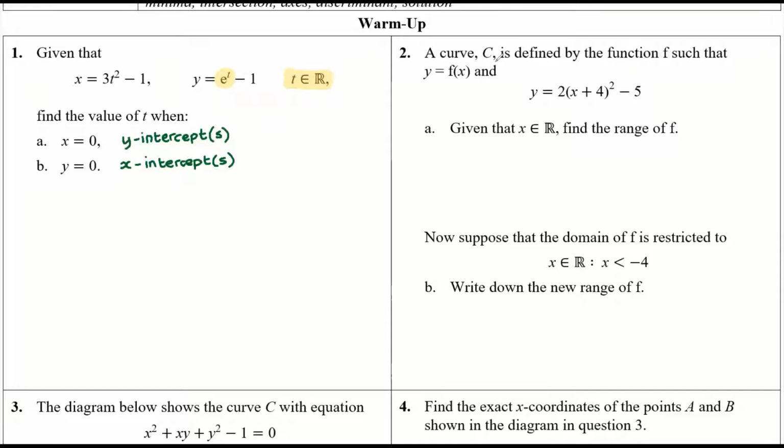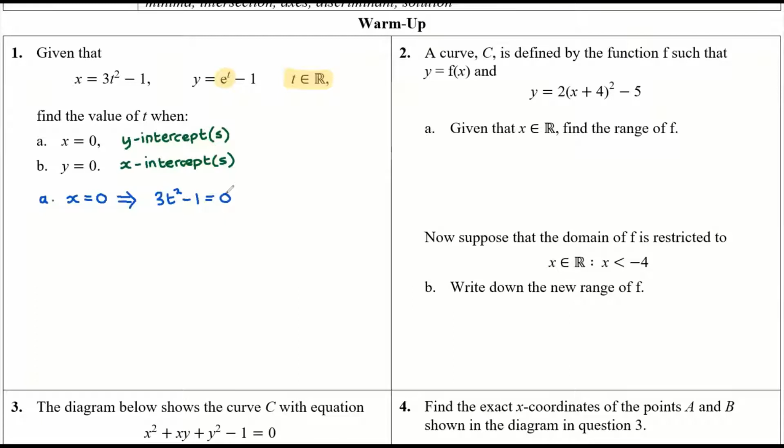So for part A, if I set x equal to 0, then my equation for x will simply be 3t squared subtract 1 must be equal to 0. And you'll notice this is quadratic, so this will give us 2 possible solutions for t.